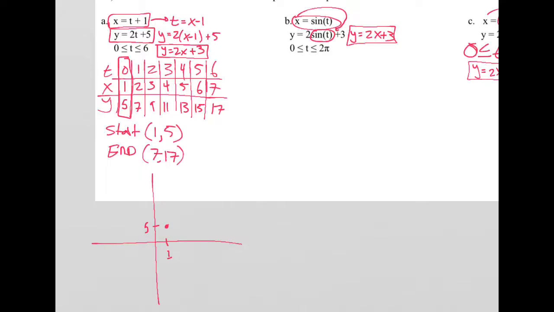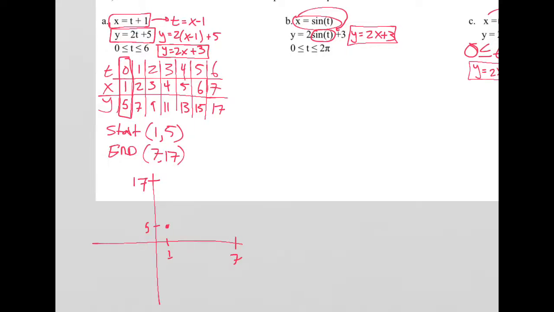X is increasing by 1 each time, y is increasing by 2. So we're going to go up to the x value of 7, and the y value of 17. I'm not feeling like drawing in all those little tick marks, so I'm going to label the important pieces and draw a line between them, because it's linear, so I can absolutely do that.